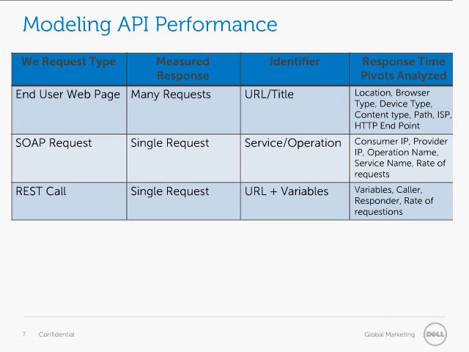If we're talking about a real end user request, there's a number of different ways we can pivot that performance to try to get an understanding of the underlying factors involved. One of the most important ones that we use are location and browser. It's very, very common with our customers to see the application performance vary by geographic location and also to vary based on the type of client browser that's being used.